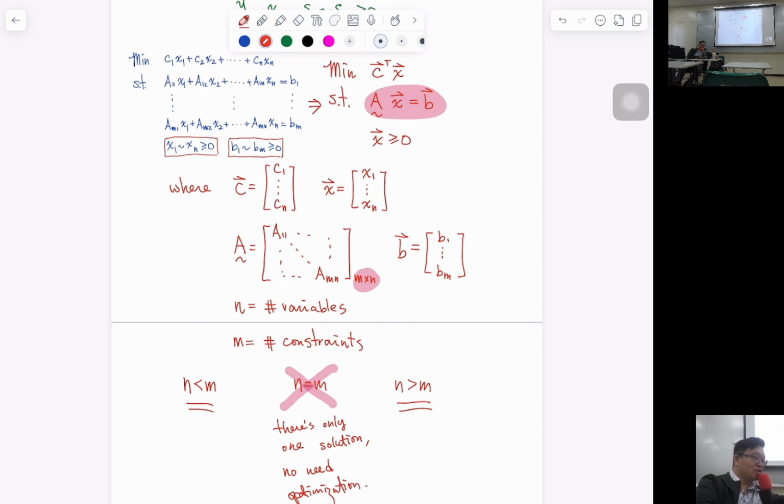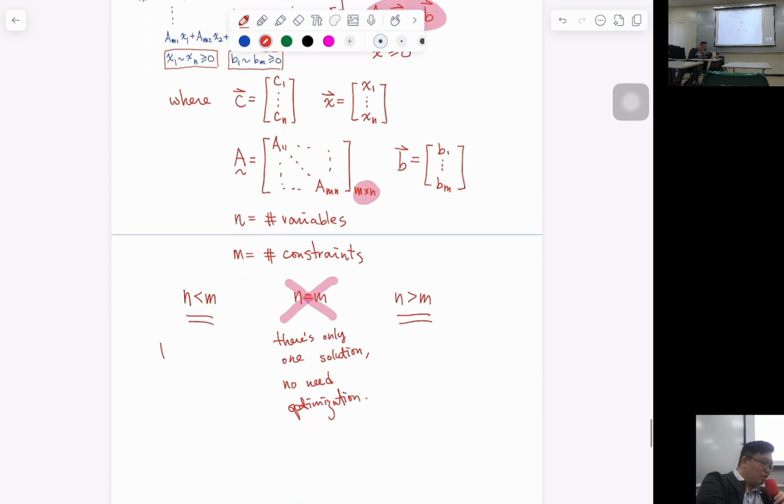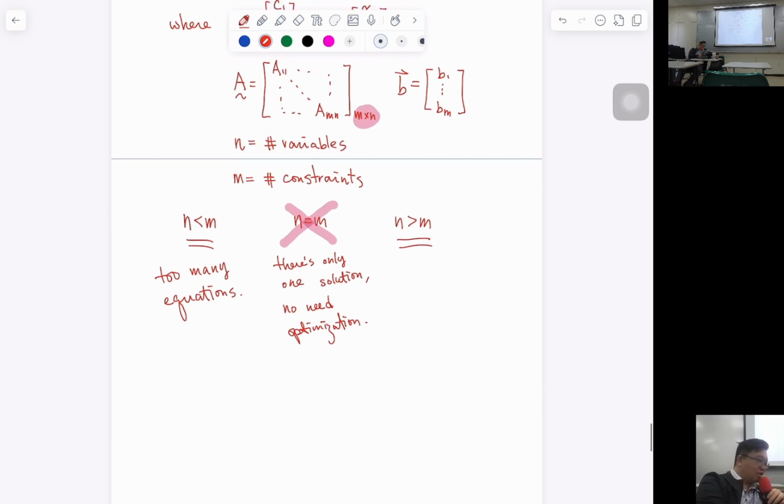So too many equations. Because let's say n equals to 5, m equals to 6.